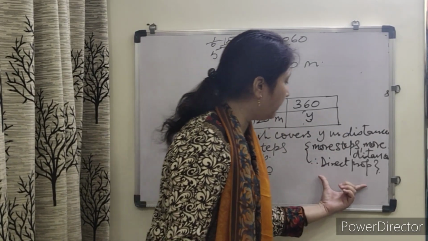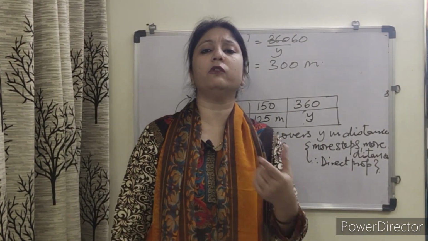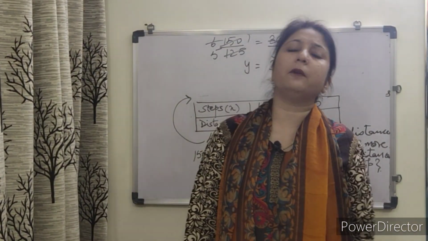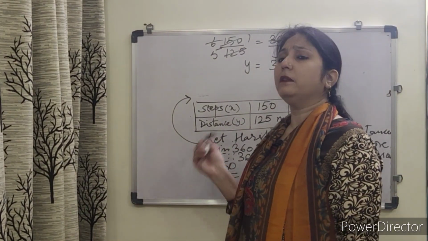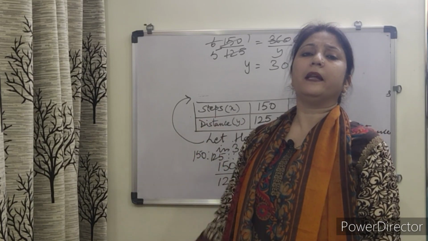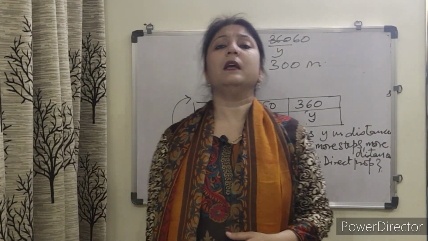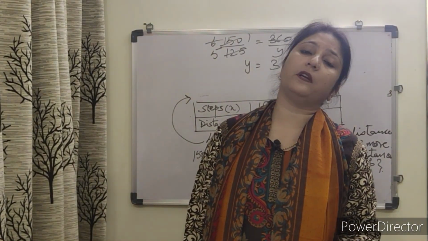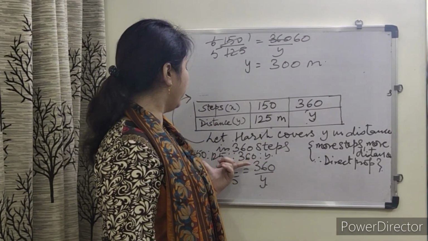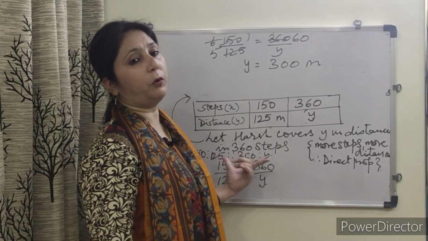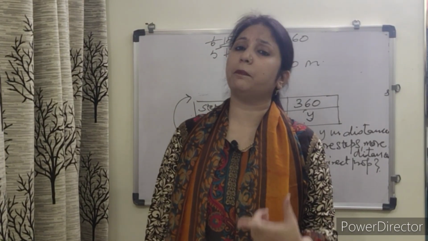Children, this statement of variation and writing as a proportion is important, because the topic is direct proportion. So you introduce proportion by writing it as a proportion, then solve like this, and lastly, you write the answer statement definitely. But this statement of variation and writing as proportion is the most important part of direct and inverse proportion.